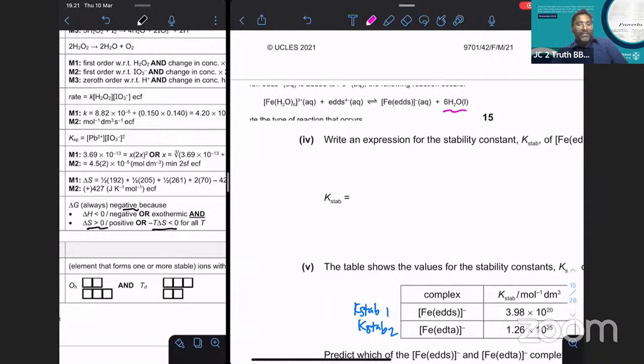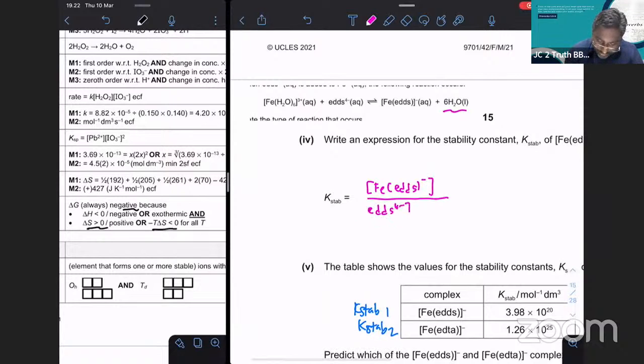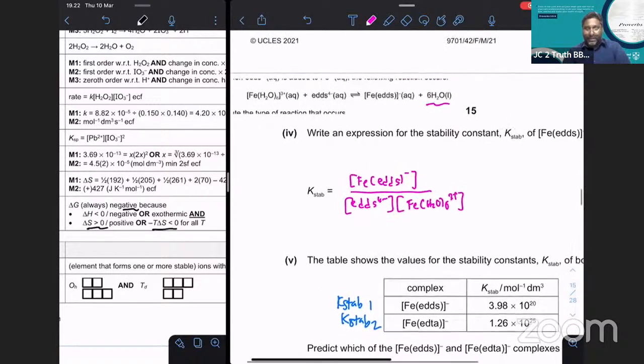So when you write down the K step, you just need to write down [Fe(EDDS)]⁻ divided by [EDDS⁴⁻] and [Fe³⁺], all of them 1 mole, so no need to worry so much. Close the bracket. This is going to be the stability constant.